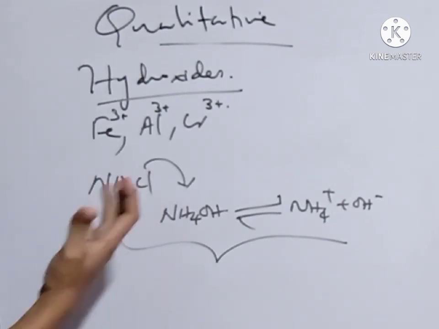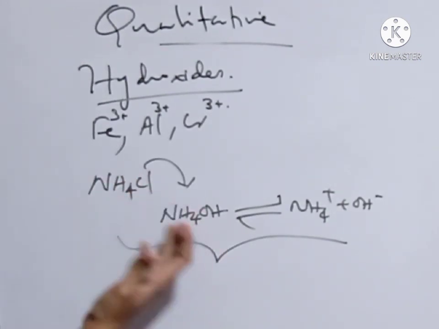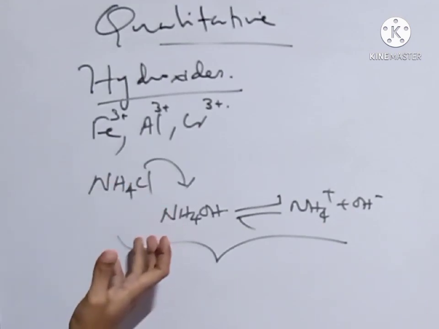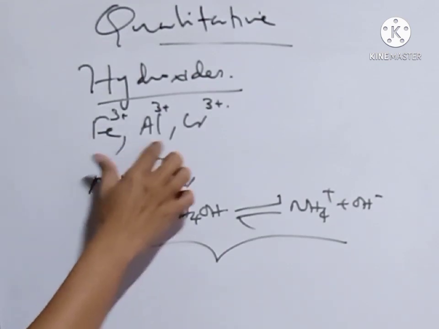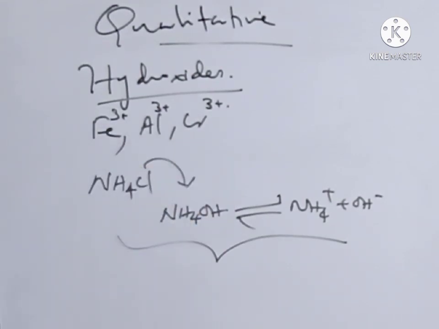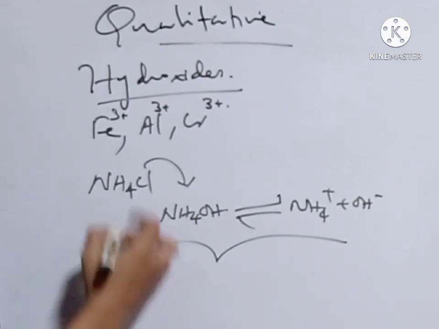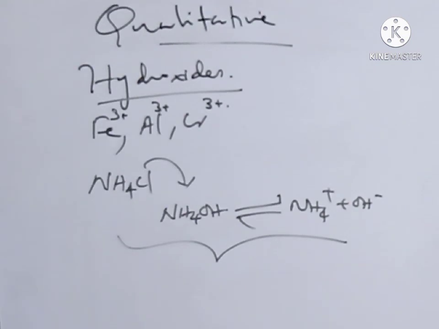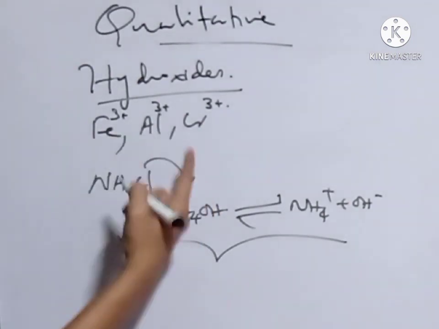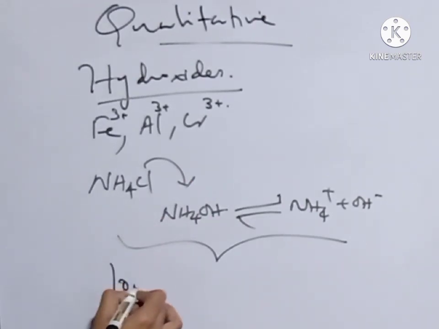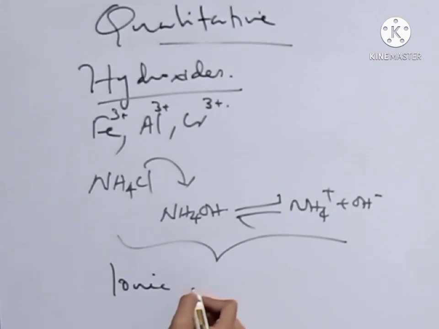But if this mixture, the ammonium chloride and ammonium hydroxide solution, is added into an inorganic mixture containing any of these metals, a precipitate will be formed. That is, a hydroxide precipitate will form, because for these metals the ionic product is enough to precipitate.